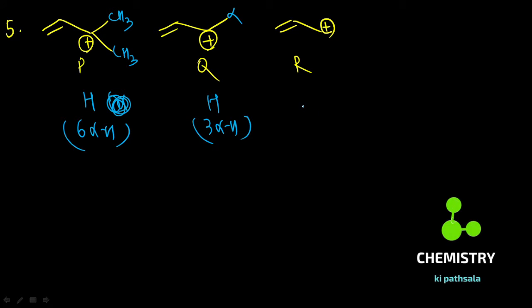In case of R there are no alpha hydrogens. And if you are thinking of resonance, yes, in both cases it is the same type of resonance. So resonance cannot be the factor to determine their stability, only hyperconjugation.